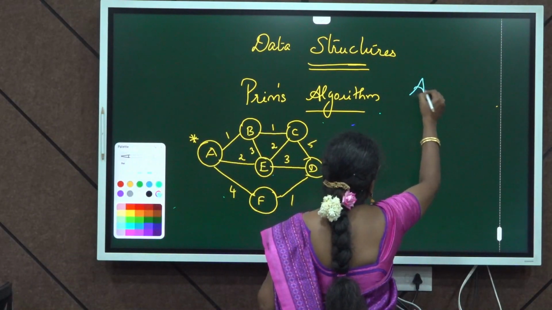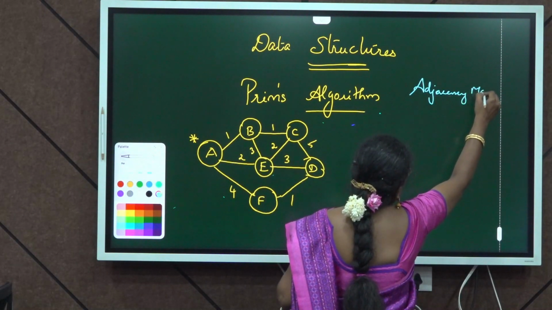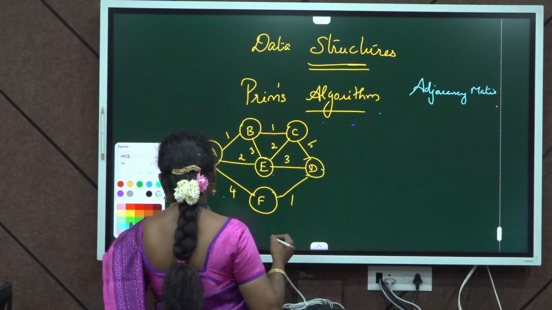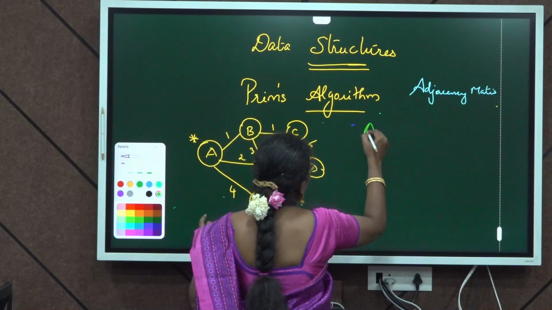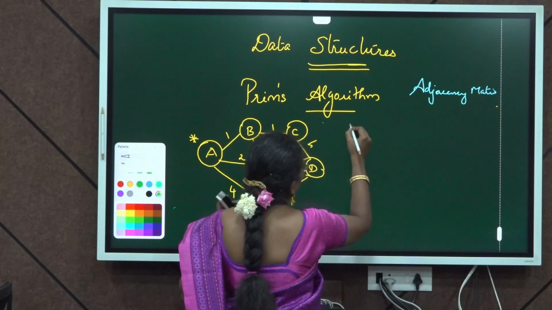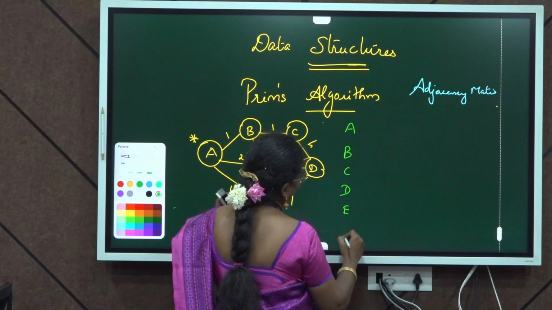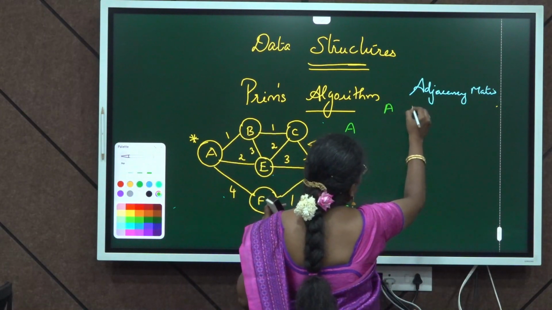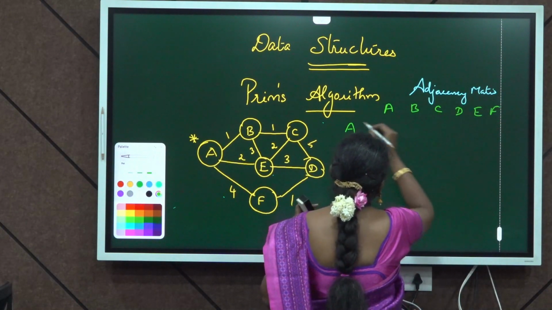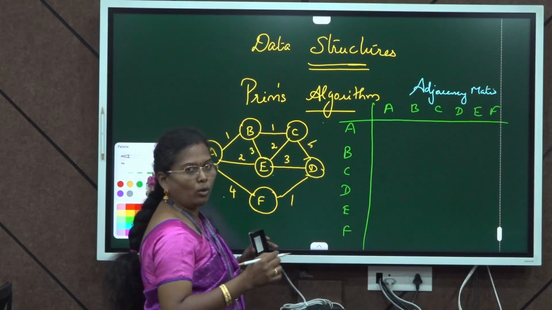So, to construct this adjacency matrix, we will be taking the vertices, whatever vertices that we have, like A, B, let me write it somewhat further, like A, B, C, D, E, F. The same way A, B, C, D, E, F. So, we will be writing all the possible vertices in the row as well as column.